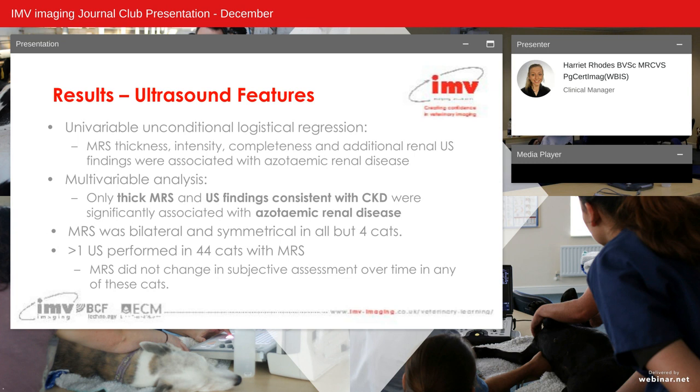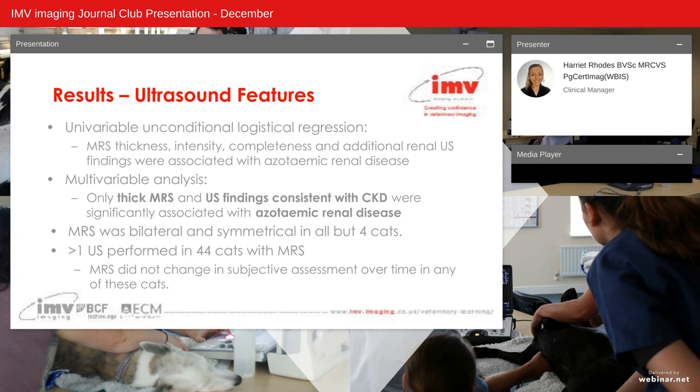Moving on from this, the medullary rim sign was found to be bilateral and symmetrical in all but 4 cats. Those 4 cats were all found to have one grossly abnormal kidney, which was secondary to unidentifiable causes. More than one ultrasound examination was performed in 44 of the cats with a medullary rim sign.